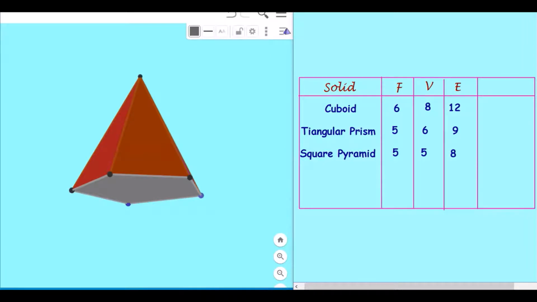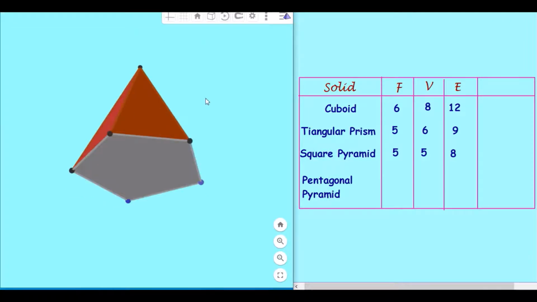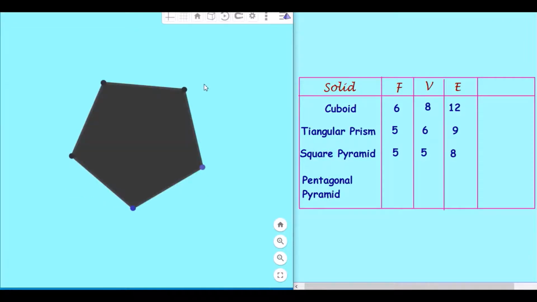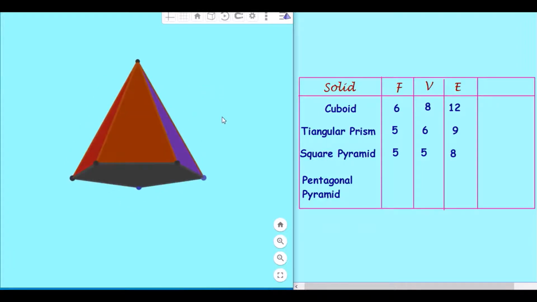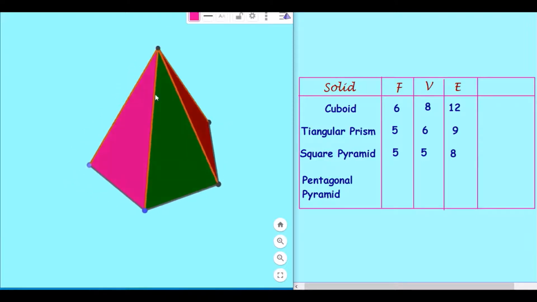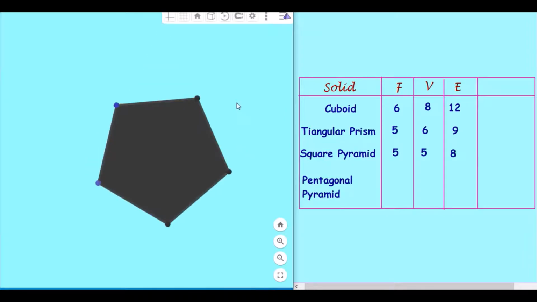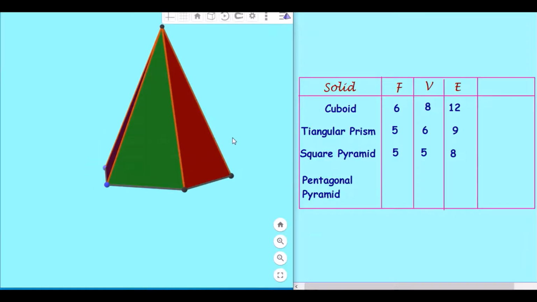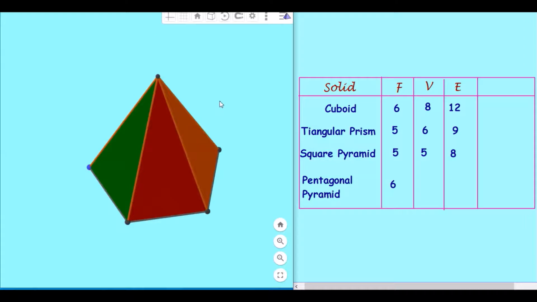Now let us consider a pentagonal pyramid. Here you can see the base of this pyramid is a pentagon. So look at the faces. Here 1, 2, 3, 4, 5 faces plus 1 base. So total 6 faces you can see. Now what about its vertices? Count yourself.